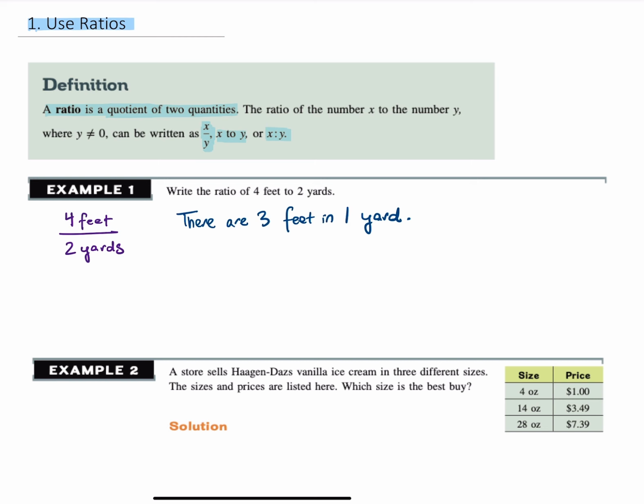They might throw some units at you that you're more or less familiar with. So you may need to find out how to convert between them. So knowing that there's 3 feet and 1 yard, let's turn yards into feet. We have 2 yards, and I'm going to multiply by this conversion factor. There's 3 feet and 1 yard.